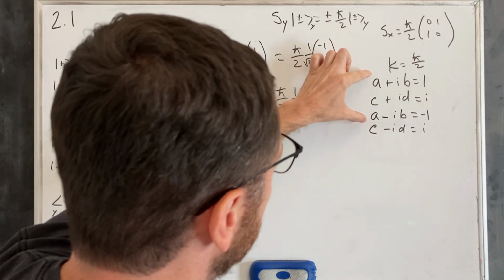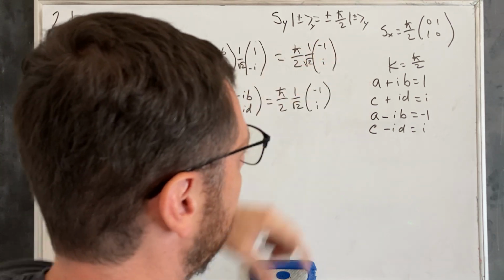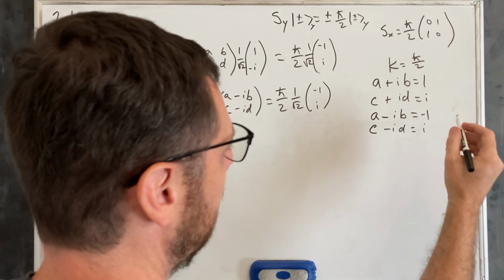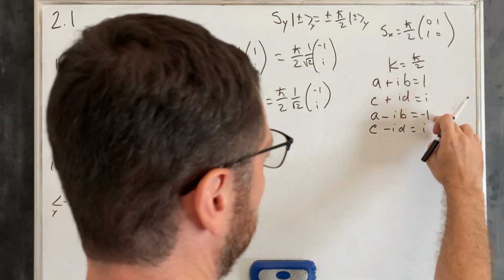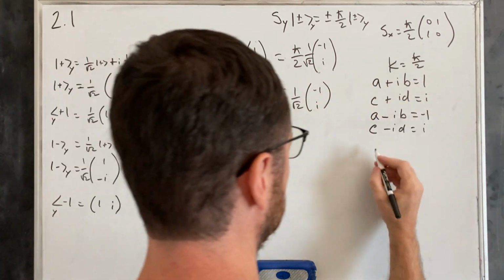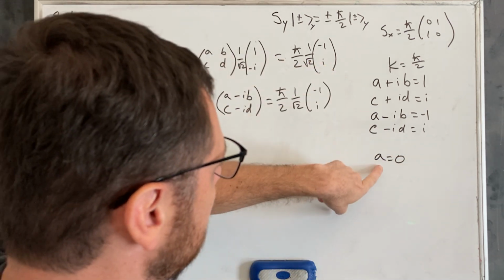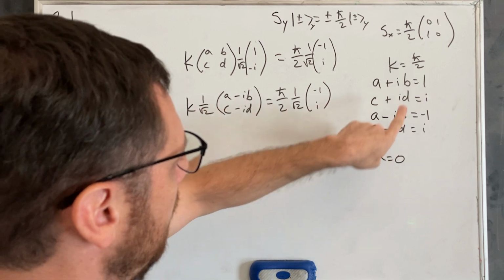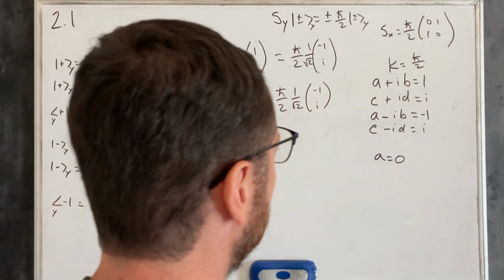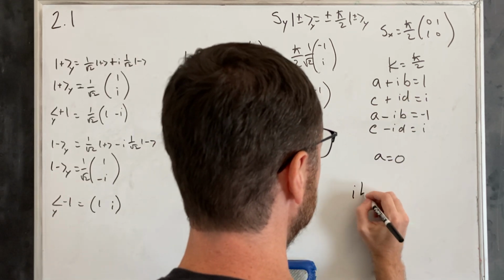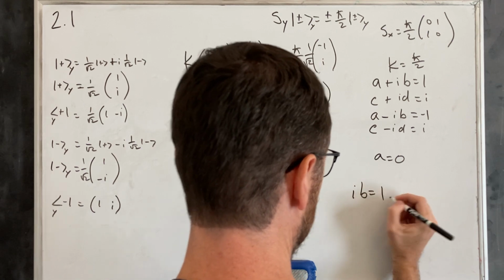So if we combine these two, that cancels out our ib terms. And then we have 1 plus negative 1 is 0. So our a is going to be 0. If a is 0, then b has to be what? So if a is 0, then ib is equal to 1.